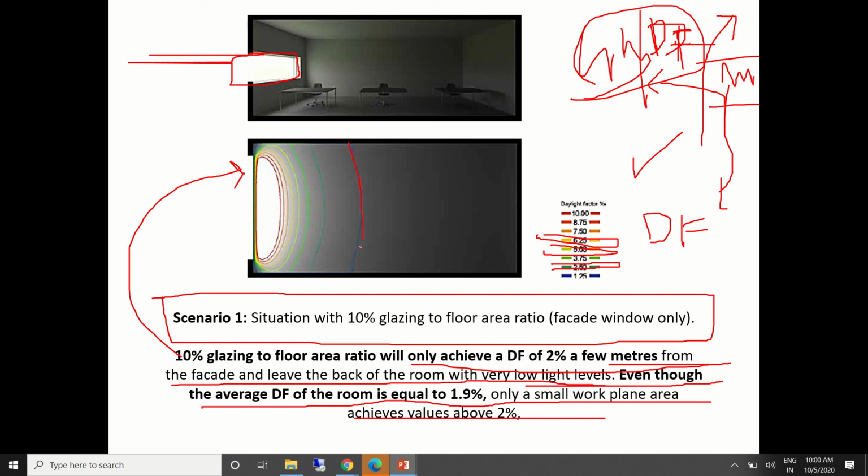This blue line is where you can get 1.25 daylight factor, whereas our minimum standard, let us assume, is 2. That can be achieved only till this depth. So maybe 1/3 of the room can achieve 2% daylight factor with a 10% opening.